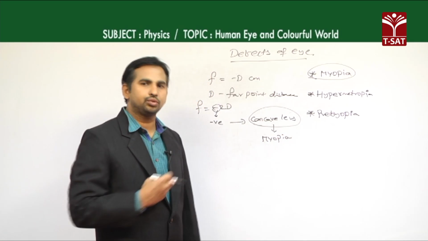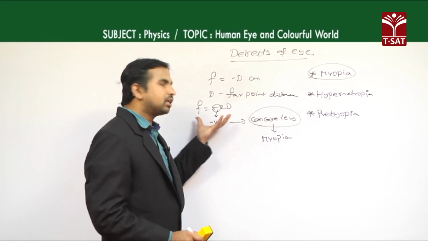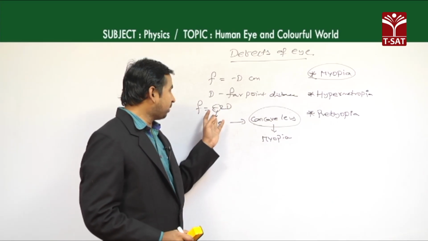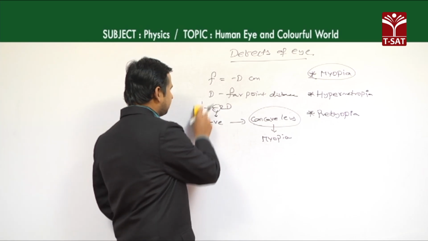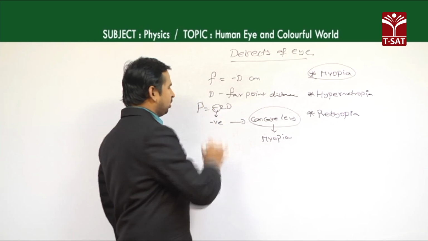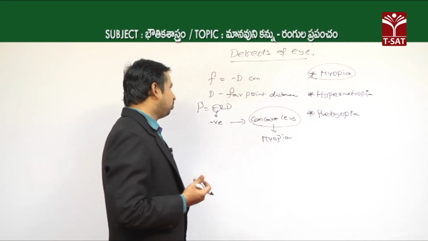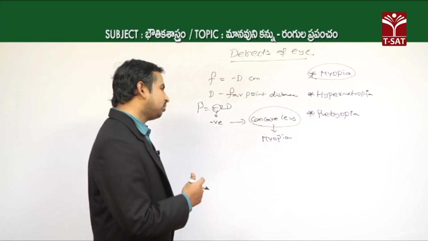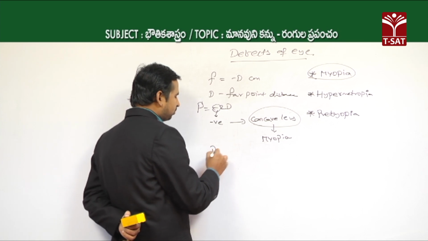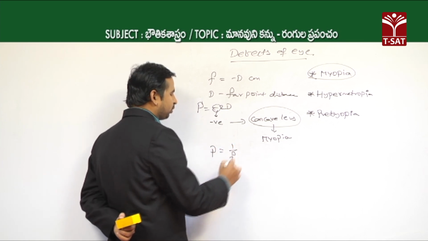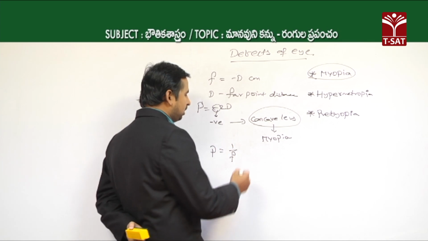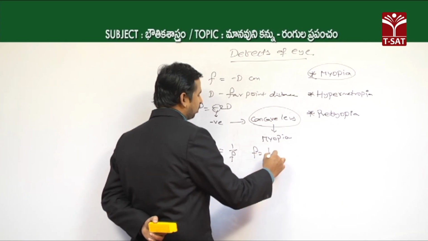The first conclusion we have to get on seeing the power of the lens given is that, since the minus is given there, it is about myopia. Also, it is given as minus 2D, which is the power. In earlier classes we know that power is the reciprocal of focal length, or focal length is the reciprocal of power.